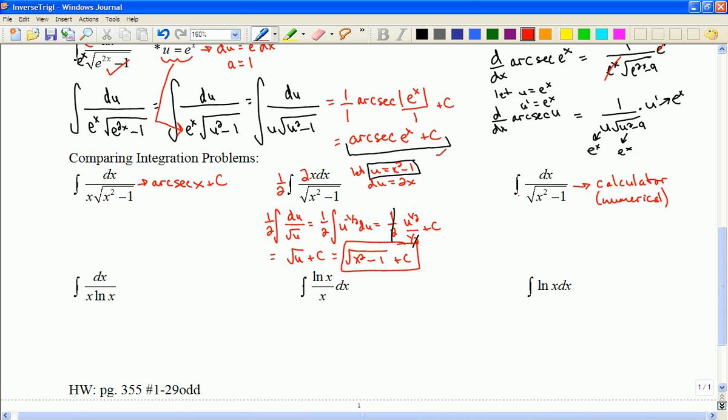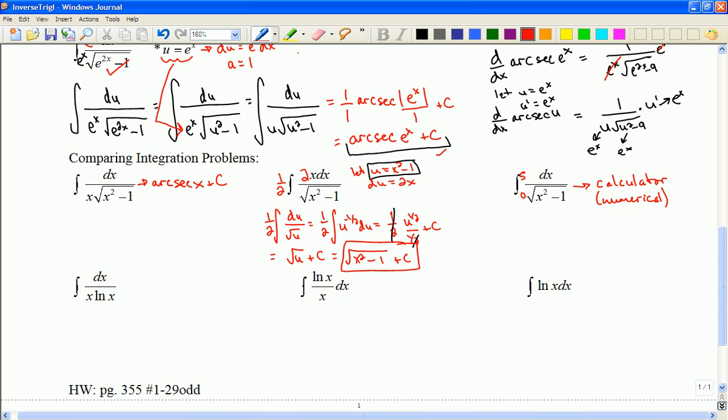It would say something like, what's the integral from 0 to 5? Or it would give you a value so you could substitute it in your calculator. But the point is that you recognize the technique here won't work. We need to go with the calculator and do this numerically. So we could do trapezoid rule, we could do left hand, right hand, we could just use the calculator's integration. But regardless, it is a calculator question.